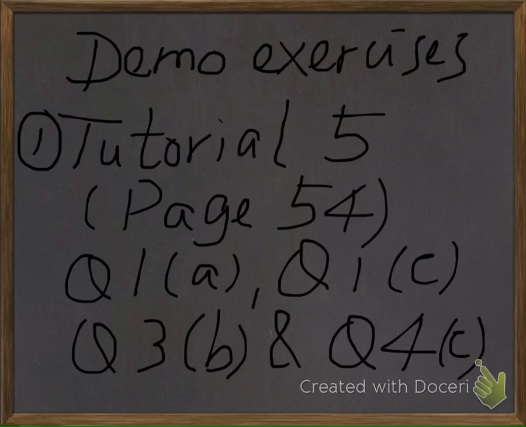There are altogether two main categories. The first category is tutorial 5, page 54, which consists of question 1a, question 1c, question 3b, and question 4c, just to familiarize us with the two identities we have already brought out for your attention.